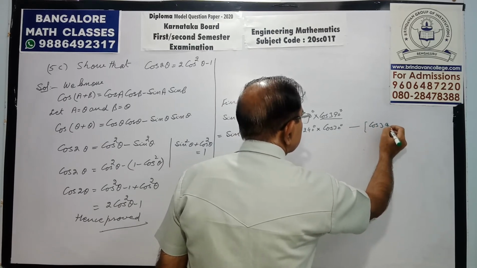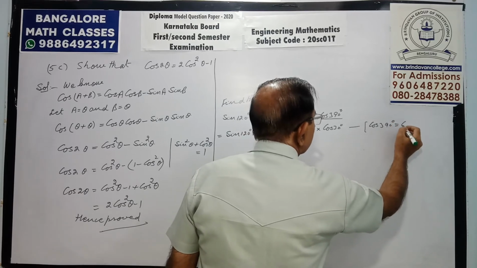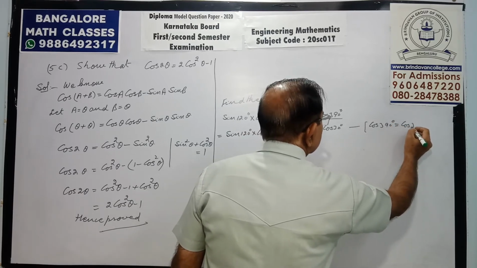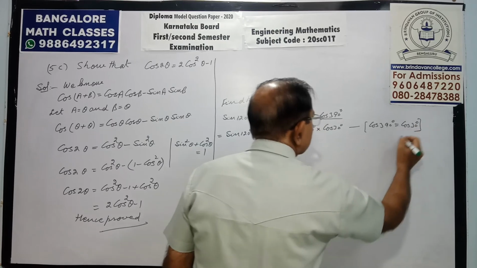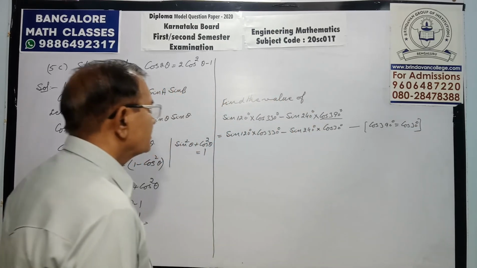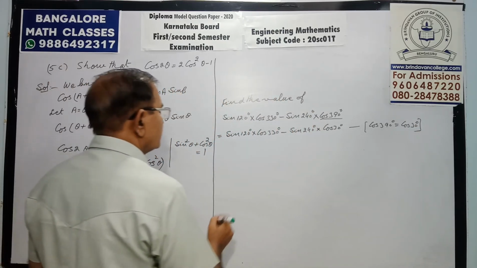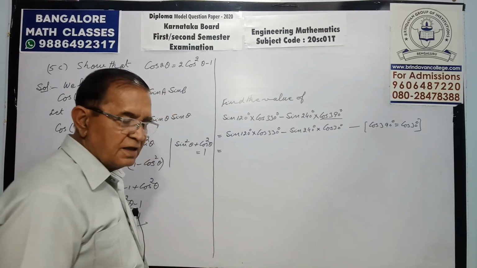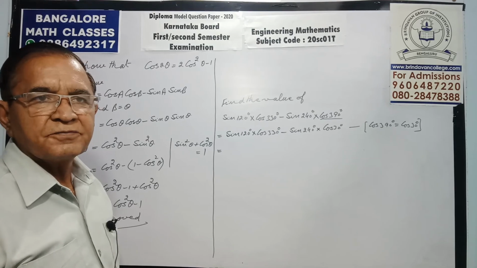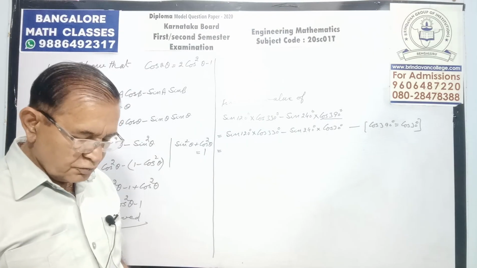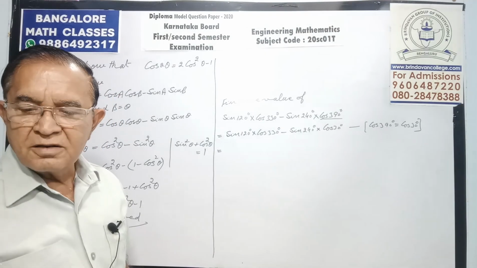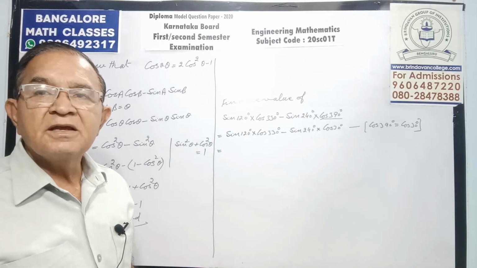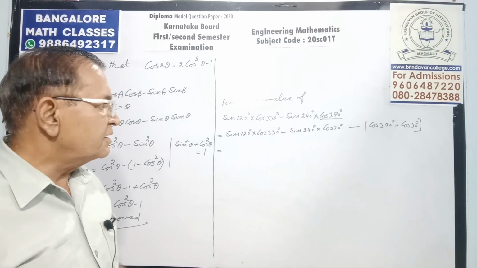Cos 390 degree is the same as cos 30 degree by subtracting 360. Then never change the angle with 90 or 270, because then co-rule will come and you may be in trouble with sin also. Go in a simple way.